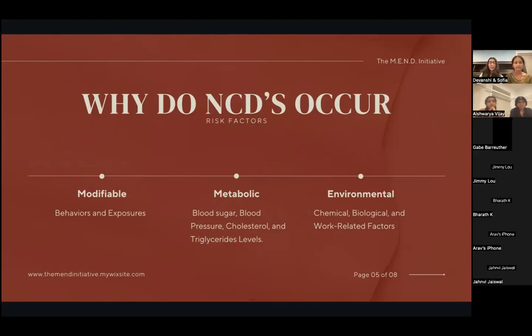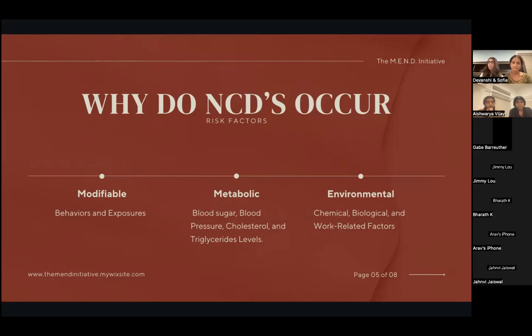So there are three main risk factors of NCDs, which are modifiable, metabolic, and environmental. Modifiable risks are basically things that you can change. They can be modified. They're behaviors and what you're exposed to.